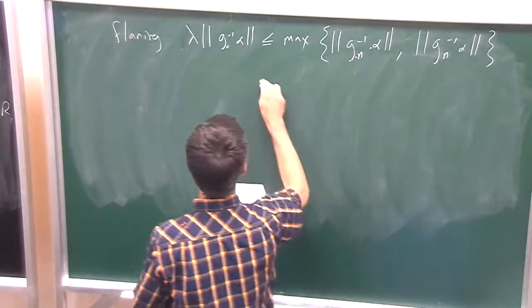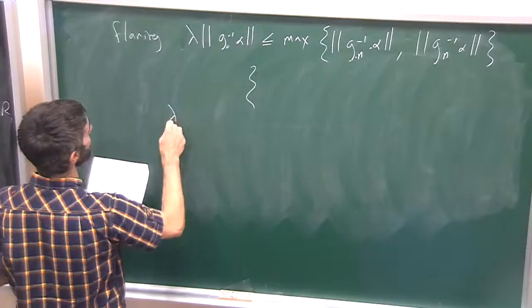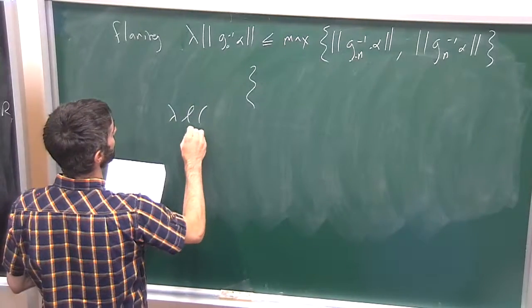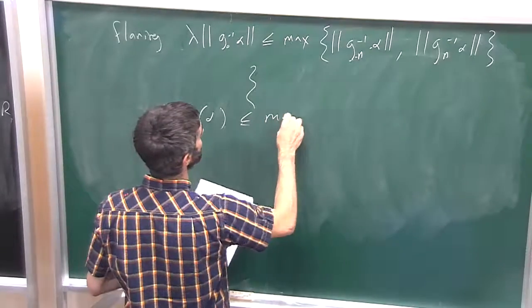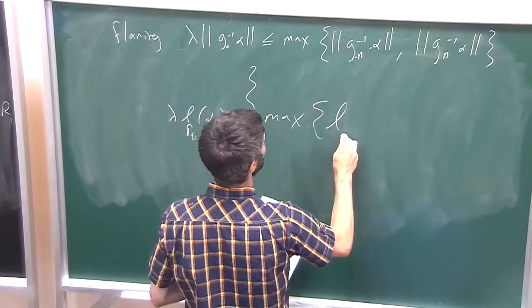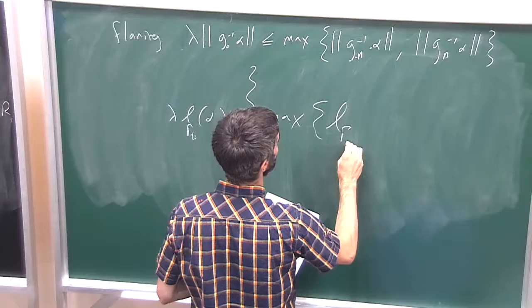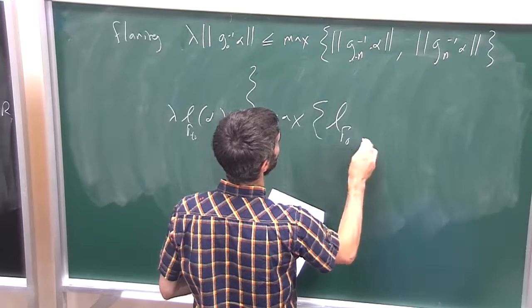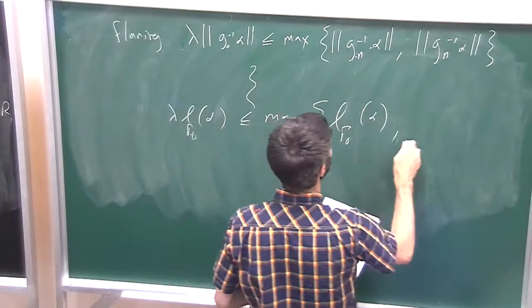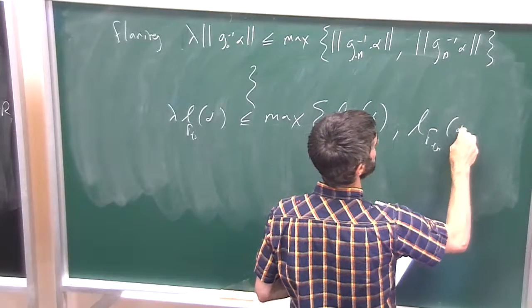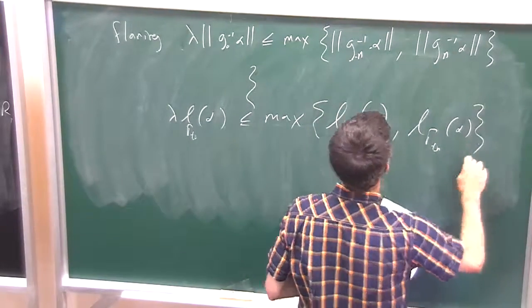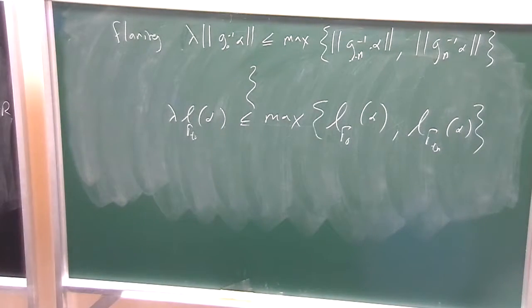So we want to know that, and this becomes instead lambda, the length at gamma t0 of alpha versus the max of the lengths at the endpoints. So this is 0 versus the length at the other endpoint. Okay, so this is what I have to show, that this happens.